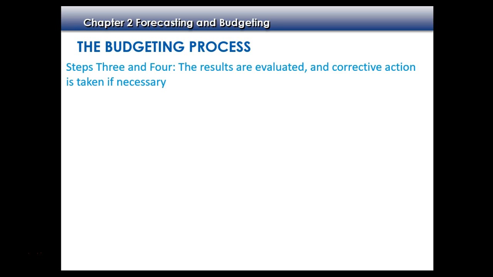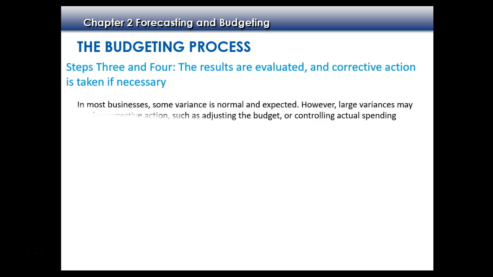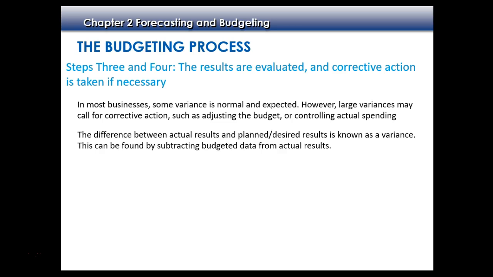Now, steps 3 and 4: the results are evaluated or assessed, and we'll take any corrective action if necessary. In most businesses, some variance is normal and expected. However, large variances could be a call for corrective action, such as adjusting the budget, maybe an increase in sales, or controlling the actual spending.